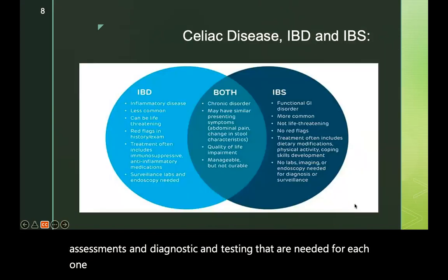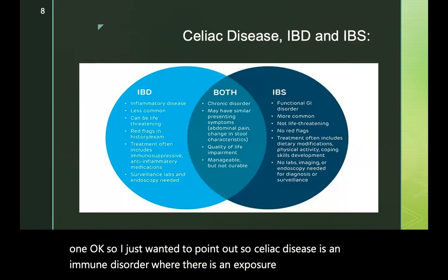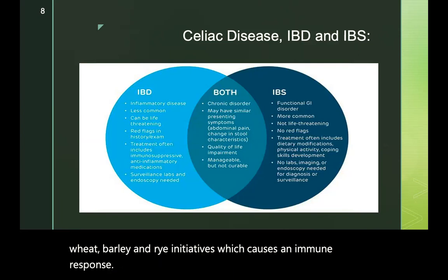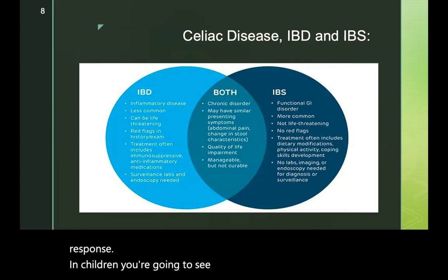Celiac disease is an immune disorder where there's an exposure to gluten proteins in wheat, barley, and rye, which causes an immune response. In children, you're going to see slowed growth. That is what they exhibit when it comes to celiac disease.